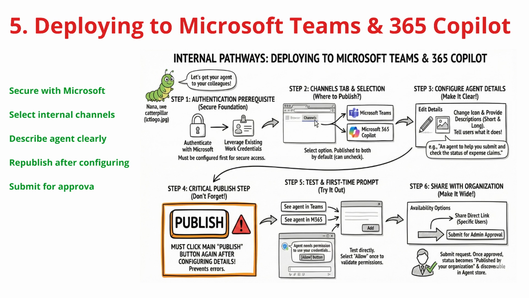Now, don't forget this critical step depicted in the big orange box. After configuring those channel details, you must click the main Publish button again to prevent errors. Once republished, test it directly. The first time the agent needs to use a connected tool, you'll just need to click Allow on the permission prompt. Finally, to make it widely accessible, select Submit for admin approval so everyone in your organization can discover it in the agent store.